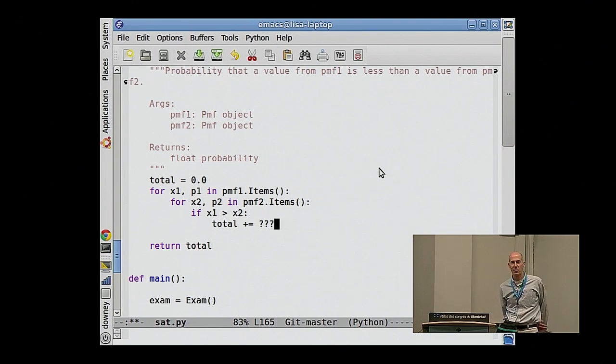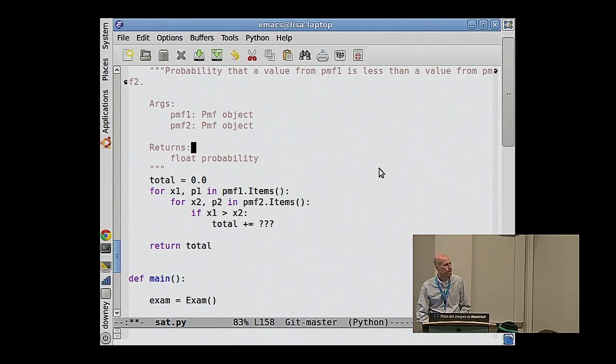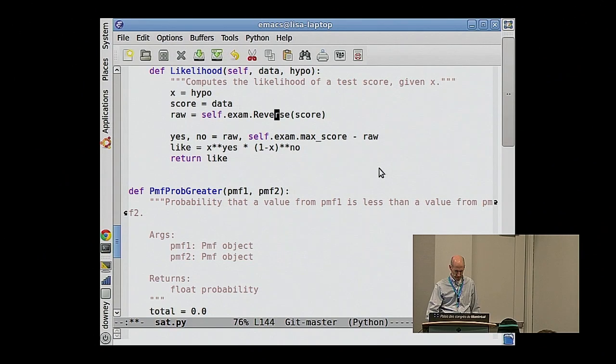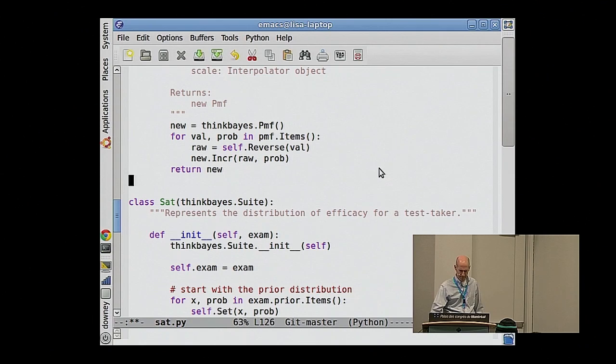I've got a partial solution there if you want to cheat. Did I overhear?